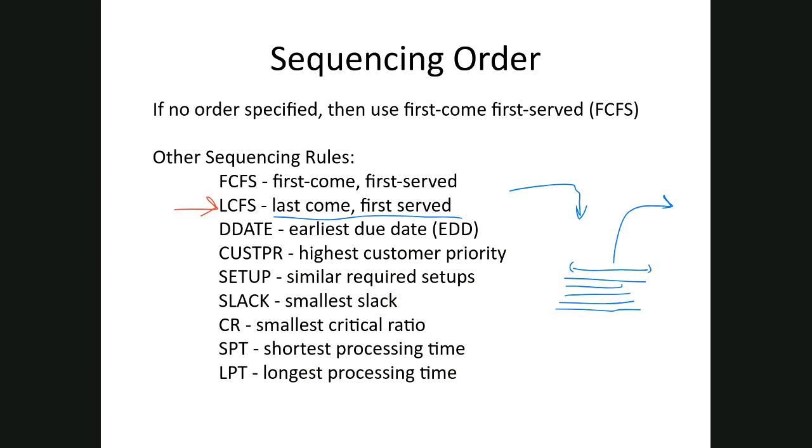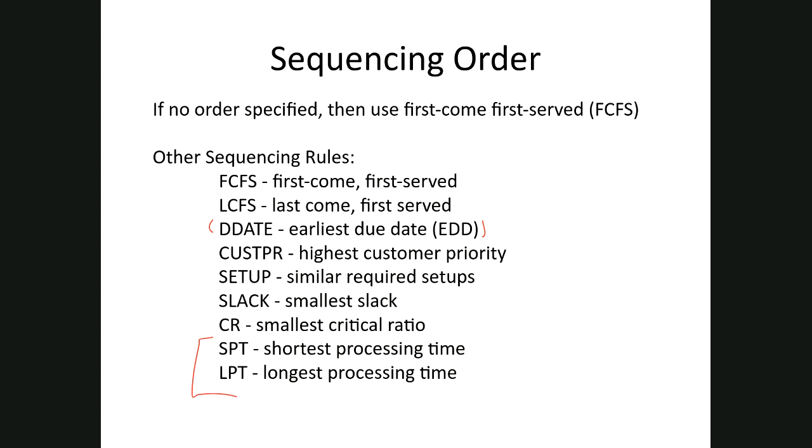Also, the due date. Another common way of scheduling jobs is by putting them in sequence of which job has the earliest due date, or is due most recently. And the other ones that are going to be common are going to order them in terms of the shortest processing time.